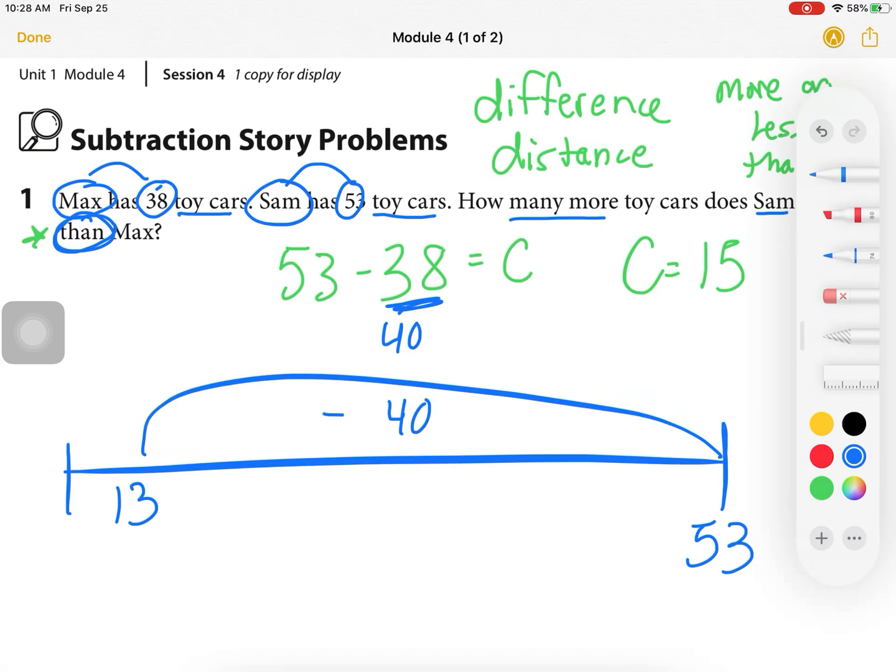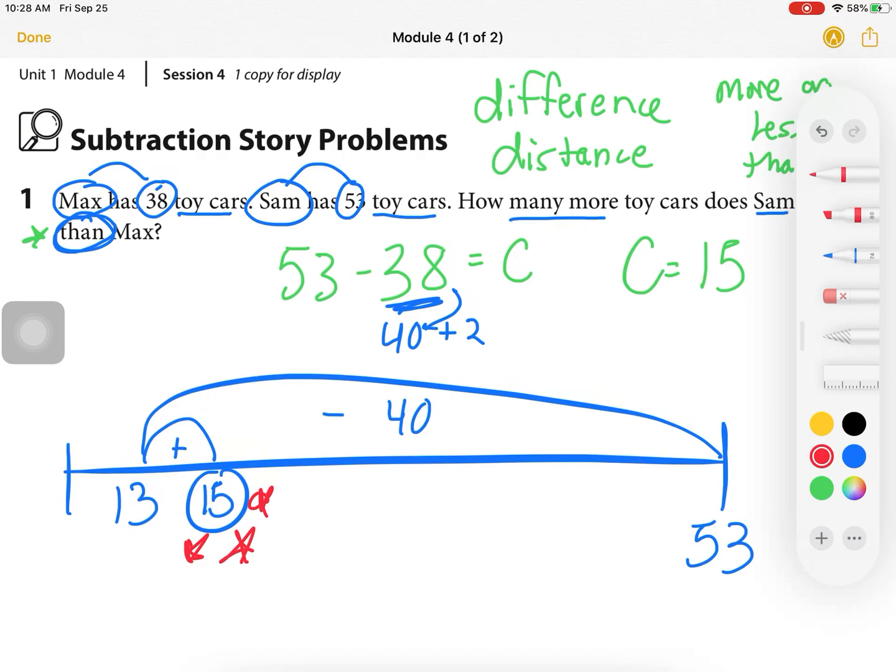So I took away 2 more than 38, right? So I'm going to add 2 to get back to where I need to be, which is 15, just like we ended up with on the last one. So that's our answer. That's just one other way that we can think about it.